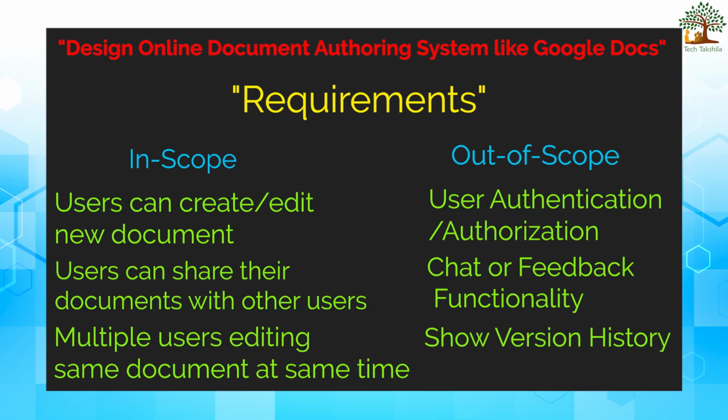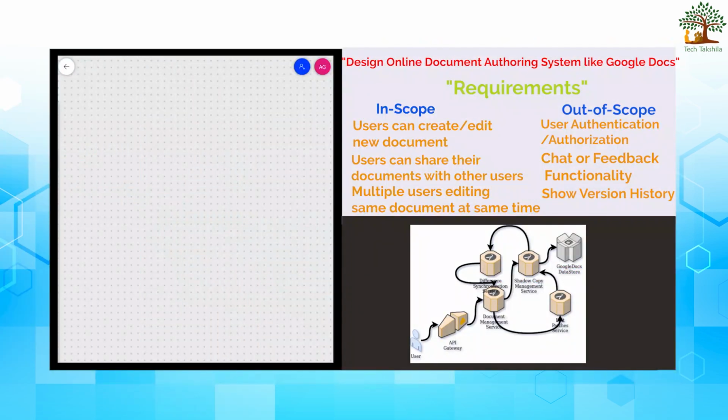Okay, so let's cover the basic use case of creating the document first, since that is pretty straightforward. So we will have our user here that will basically talk to our front end and send a request to create the document. So we will call this API gateway where the request will land, and this request will be forwarded to our service which we call document management service, DMS for short.